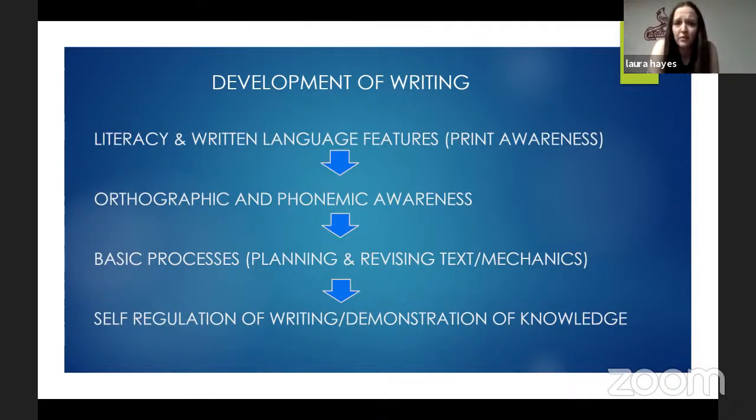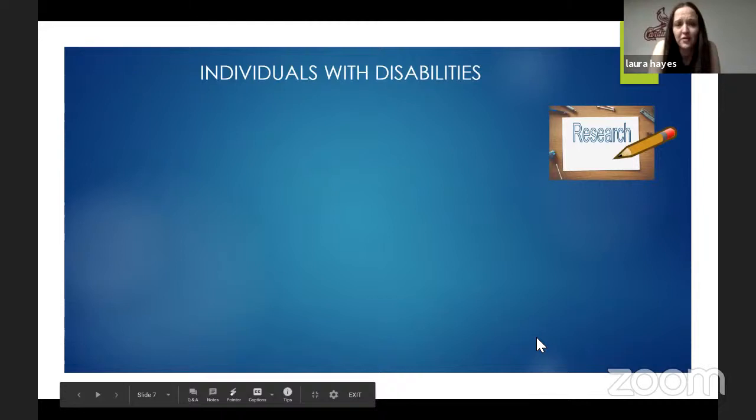There's lots of different research and models as far as the development of writing, but I really go to these four because they go in a nice systematic way that you can support written expression utilizing AAC in the classroom and at home. So we're going to talk about those today.